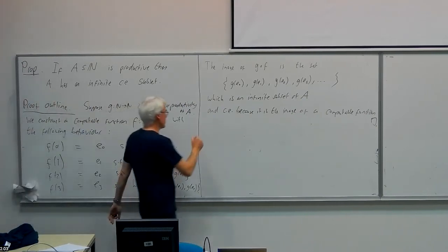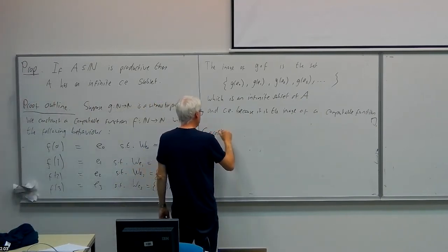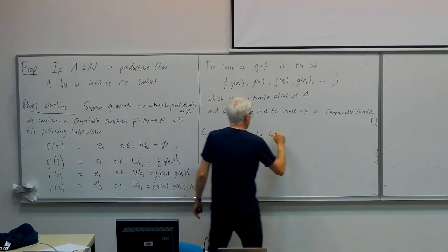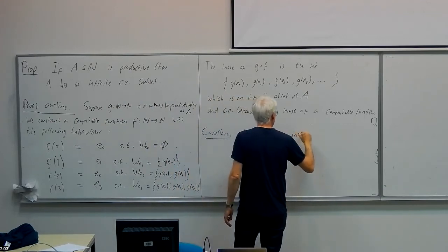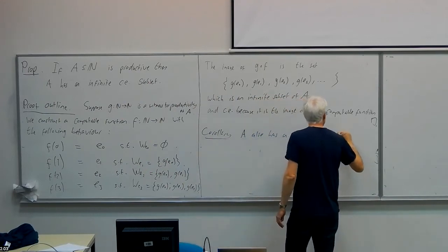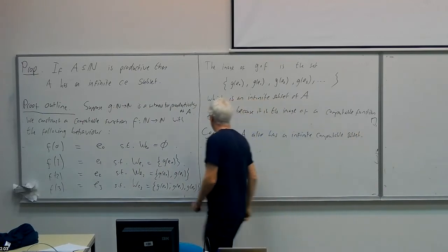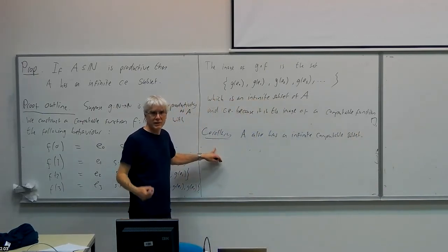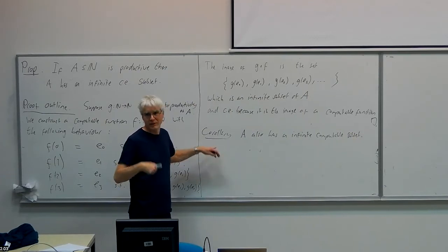But that's the idea of how one finds this infinite computably enumerable subset. And just to remark, the corollary of this is that under the same conditions, A also has an infinite computable subset. And that's by a result we had again 2 weeks ago, which is that every infinite computably enumerable set has an infinite computable subset.